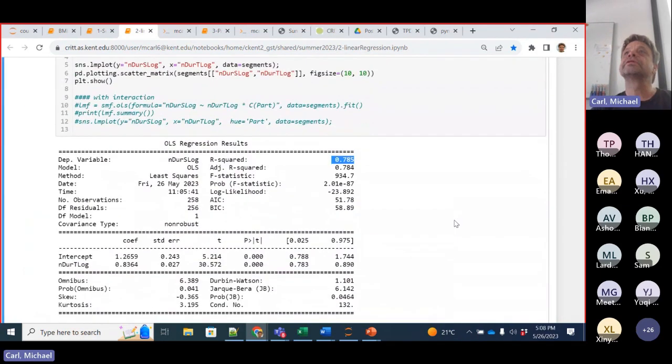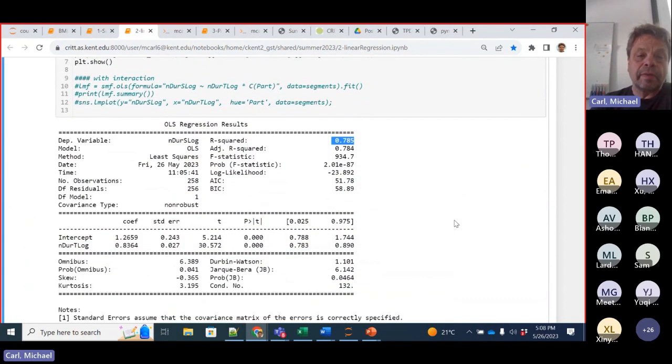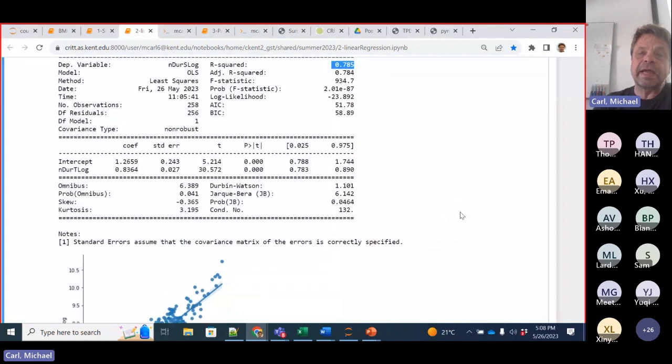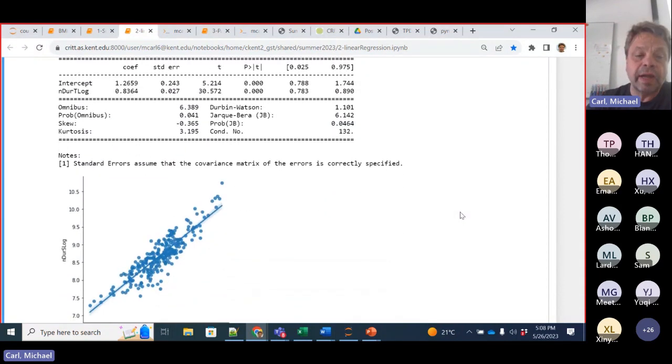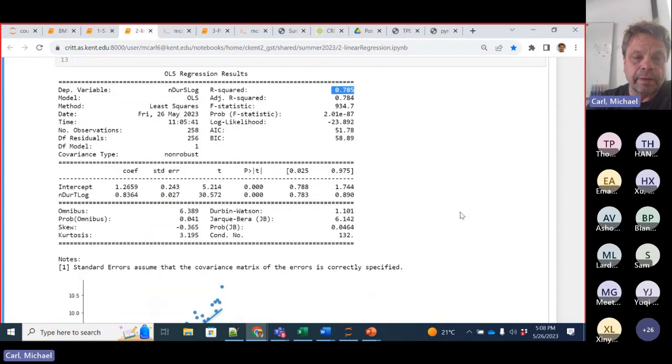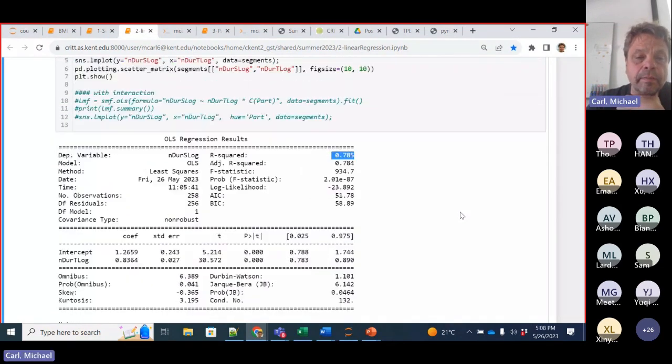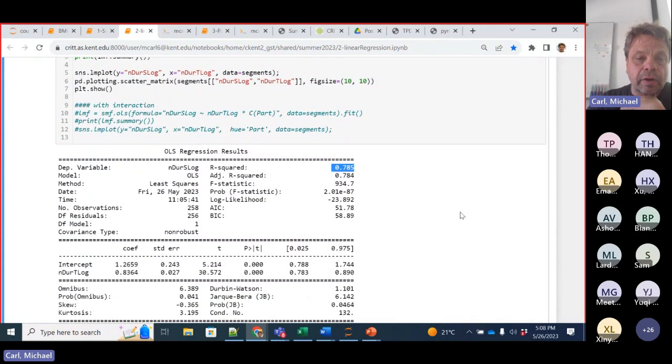Looking into residuals is to figure out whether there are actually some hidden processes that go on that are not captured by this linear regression, by this model.